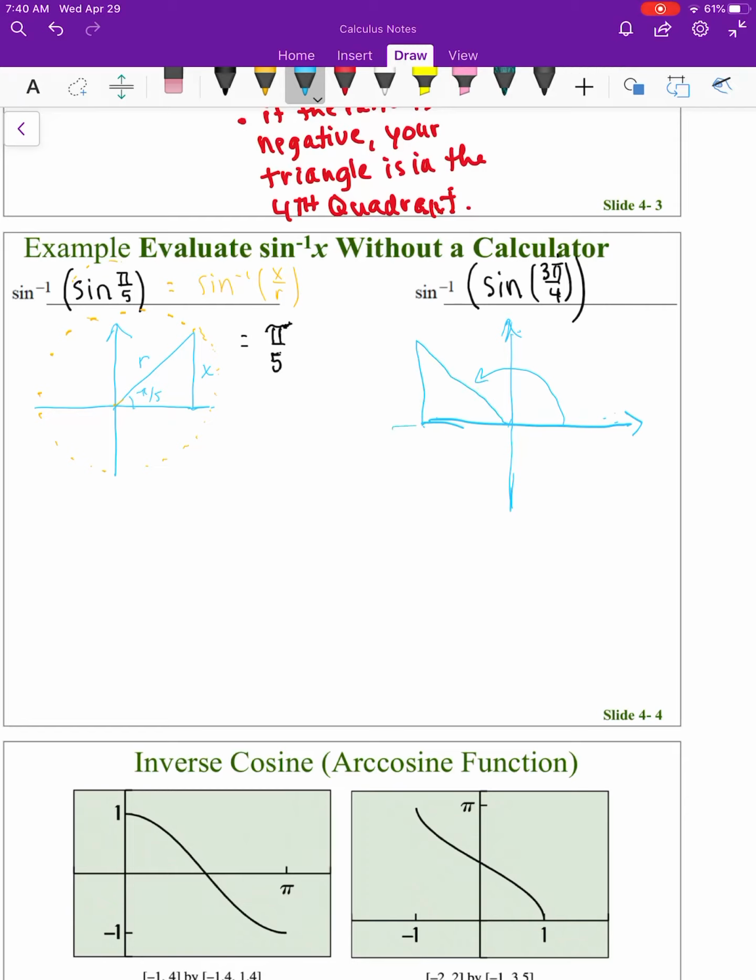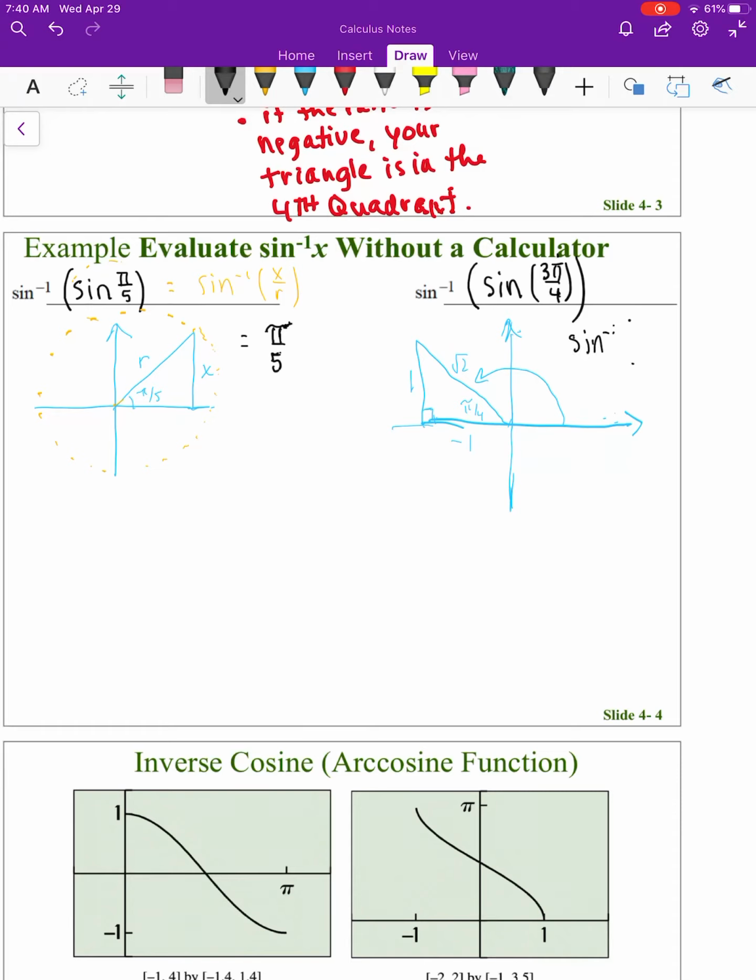Three pi over 4 is all the way over here. So there's my 3 pi over 4, so I know this is going to be pi over 4. So this is 1, negative 1, square root of 2. And the sine, opposite over hypotenuse, is 1 over the square root of 2.